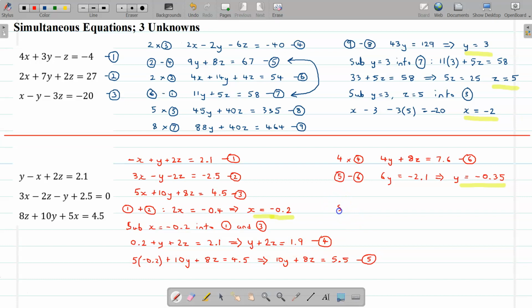So if I substitute y equals negative 0.35 into equation 4, that would give me y plus 2z, and y is what I've already got, so it'll be minus 0.35 plus 2z equals 1.9.